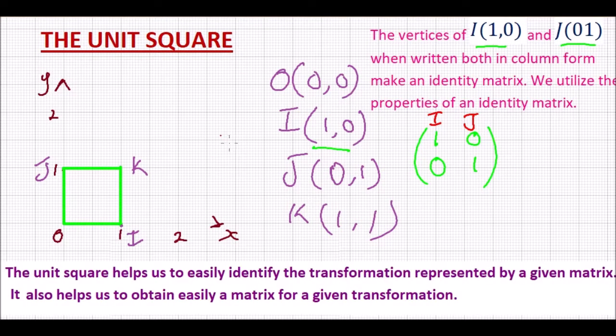So in conclusion, the unit square helps us to easily identify the transformation represented by a given matrix. It also helps us to obtain easily a matrix for a given transformation. Why are we saying easily?